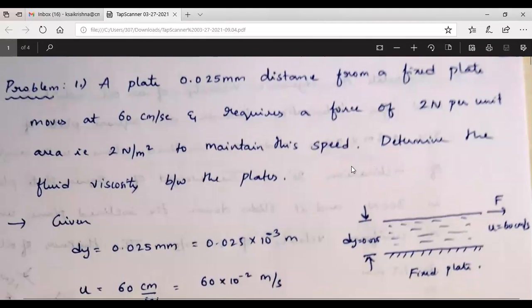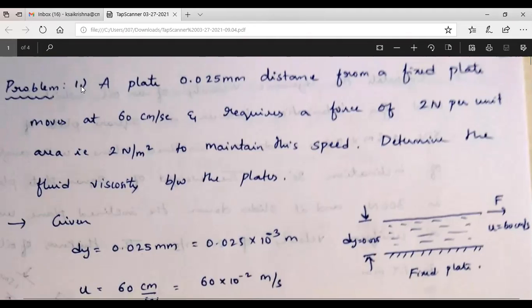Immediately tell me after writing the question. Completed, sir. Right. So after writing the question, please take this drawing also.